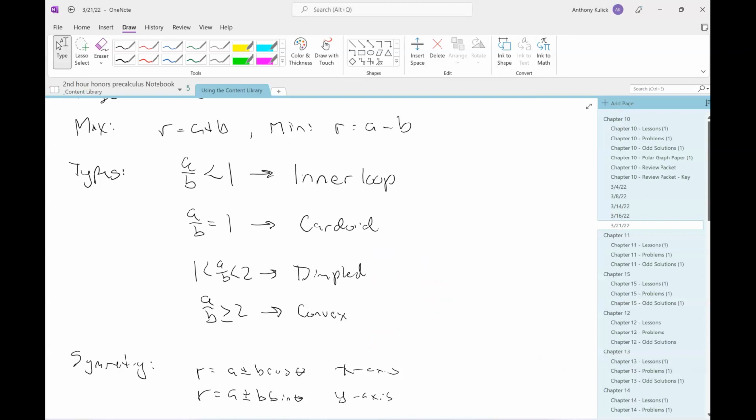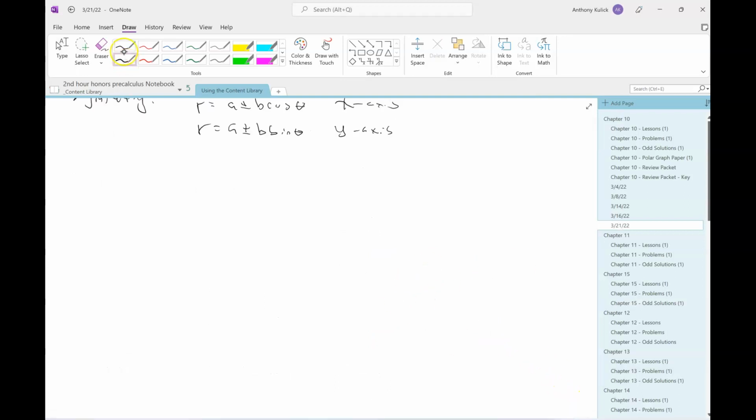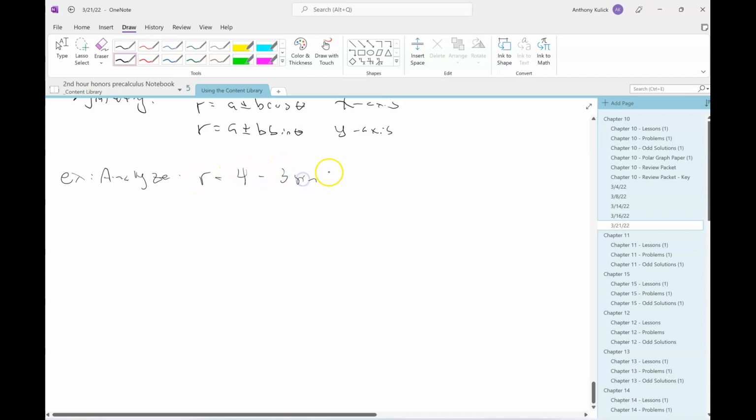Okay. Last example. We might ask you to analyze something like 4 minus 3 sine theta. So my A is 4 and my B is 3.